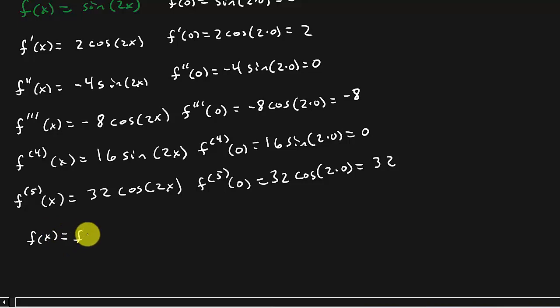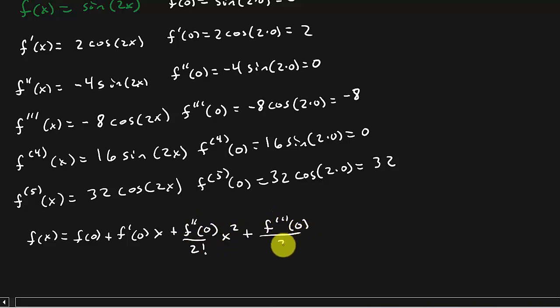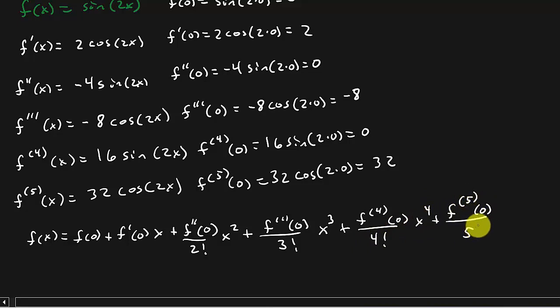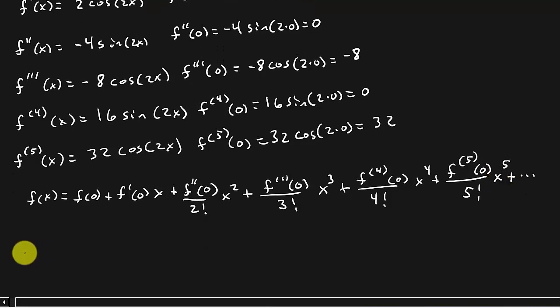So that's going to be f of 0 plus f prime of 0 times x plus f double prime of 0 over 2 factorial times x squared plus f triple prime of 0 over 3 factorial times x cubed plus the fourth derivative evaluated at 0 over 4 factorial times x to the fourth plus the fifth derivative evaluated at 0 over 5 factorial times x to the fifth plus dot dot dot. All right, so let's plug everything in.